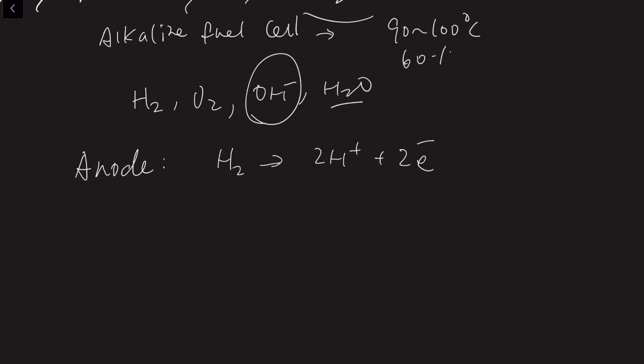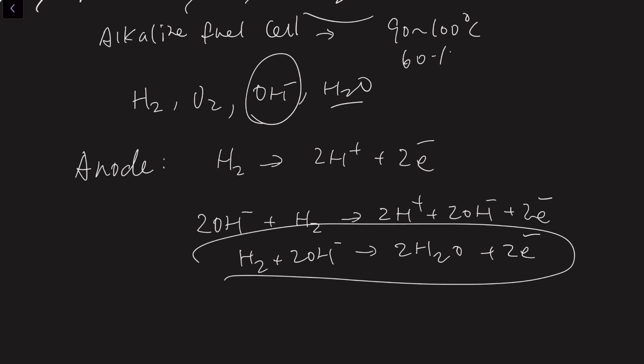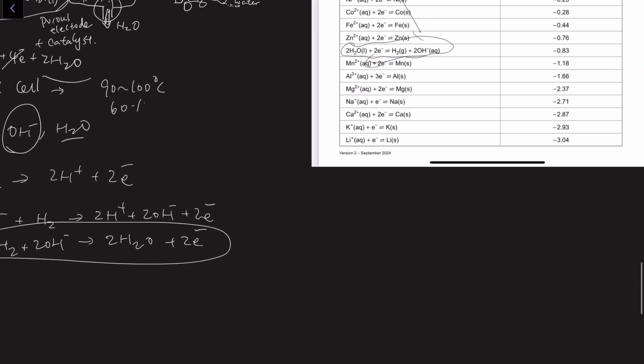Then we just add the hydroxide ion to both sides. We need 2 because we want to balance the 2 hydrogen. And they combine to form water. So this is the anode reaction: 2OH minus plus H2 gives 2H2O and 2 electrons.